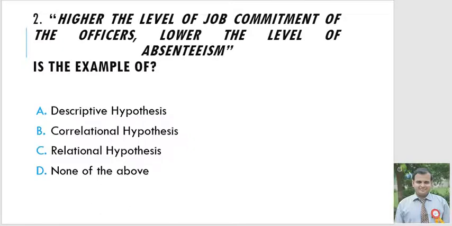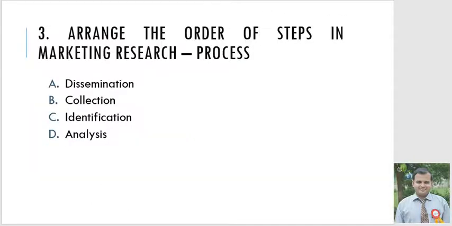Moving ahead with the third question, we are supposed to arrange the order of steps in marketing research process. We know it very well, there are certain steps in the research process. Four options are given which we are supposed to arrange in order. Option A, dissemination, B, collection, C, identification, D, analysis.